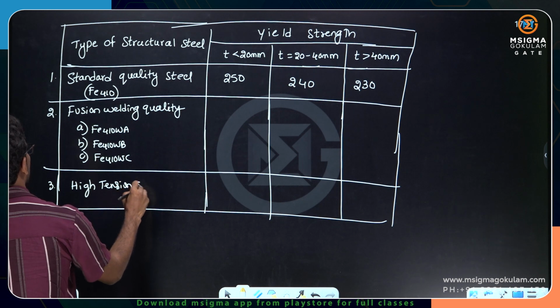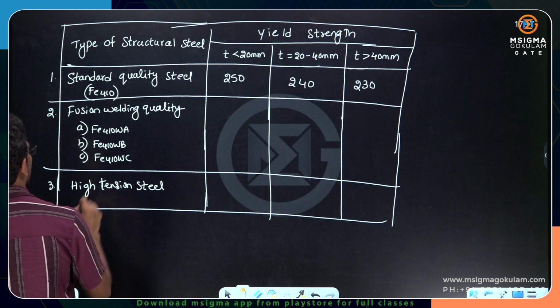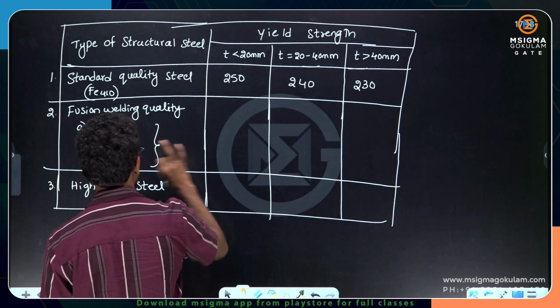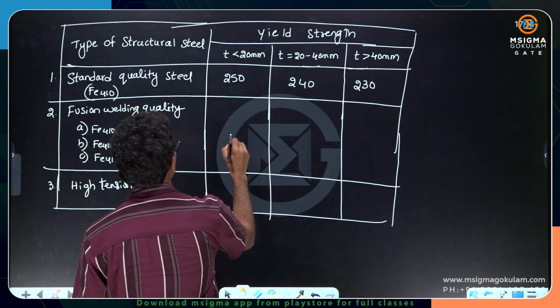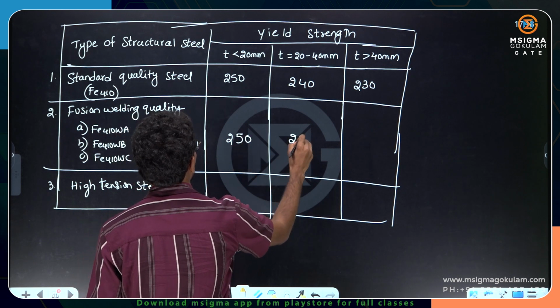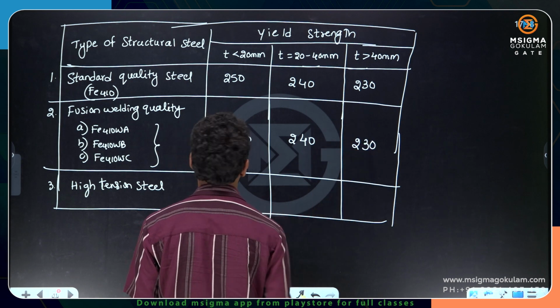High tension steel. So listen, for all these three varieties of steel, there is no change in yield stress. Yield stress remains the same for all these grades. So it is the same as standard quality steel: 250, 240 and 230 megapascal.